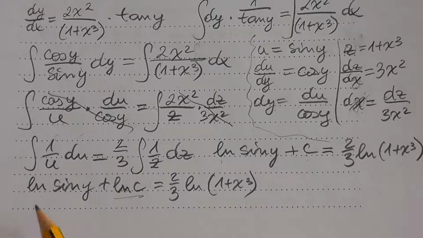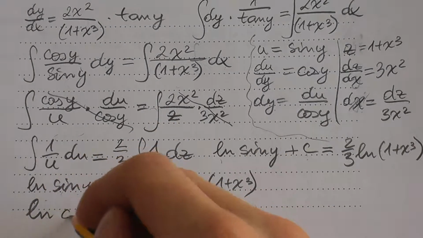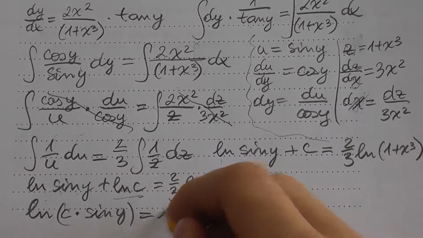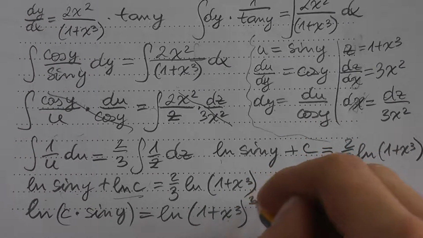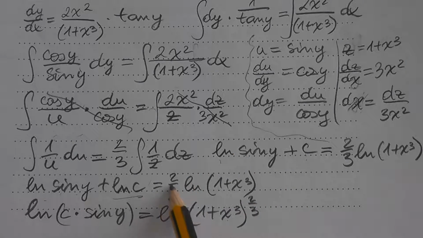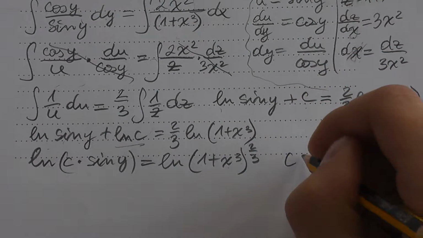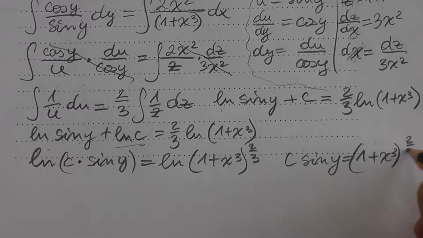Using the logarithmic property that ln of something plus ln of something else becomes ln of something times something, I rewrite this as ln of c times sine y, all within the ln, is equal to ln of 1 plus x cubed to the power of 2/3, using another logarithmic property. The power can be swung down if you wanted to. And now we can delog both sides of the equation to get c sine y is equal to 1 plus x cubed to the power of 2/3.